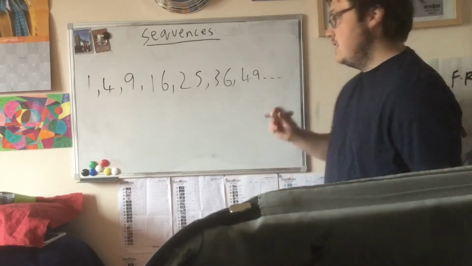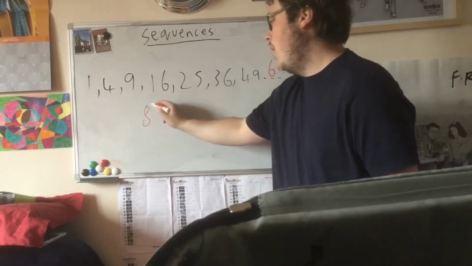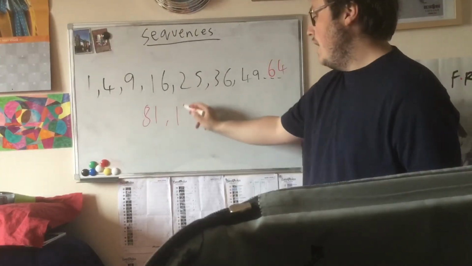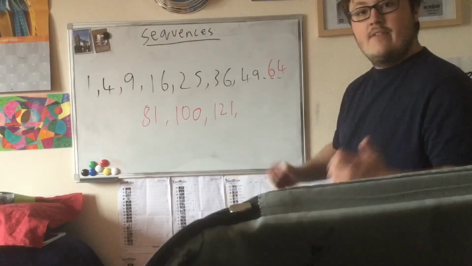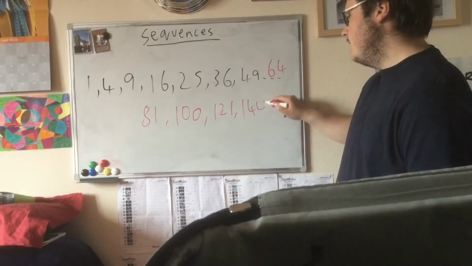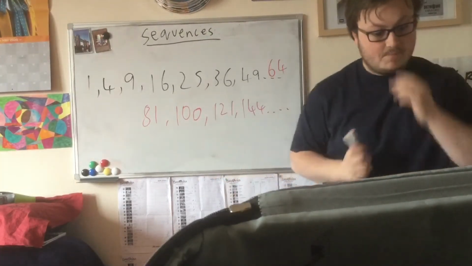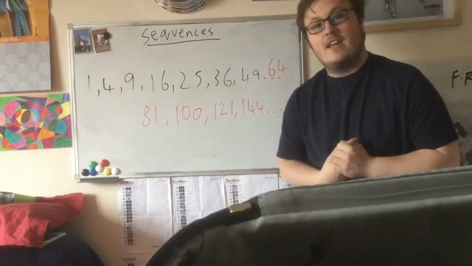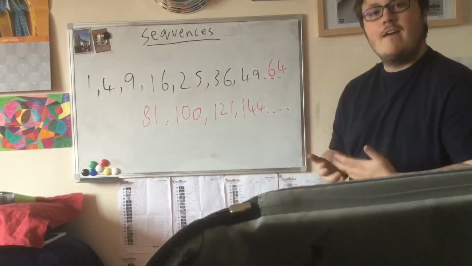So the next terms in this would be 64, because 8 times 8, 81, because 9 times 9, 100, because 10 times 10, 121, because 11 times 11, 144, because 12 times 12, and so on. They're really cool when you look at it like that. This is also another good example of how we can go on forever and ever and ever.